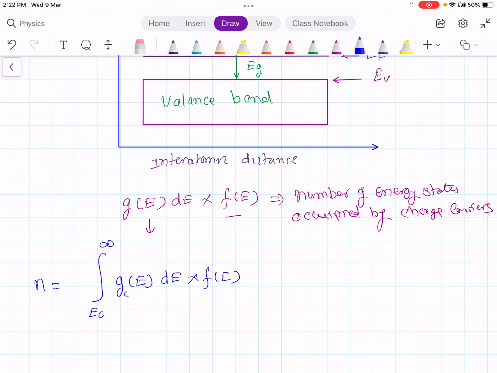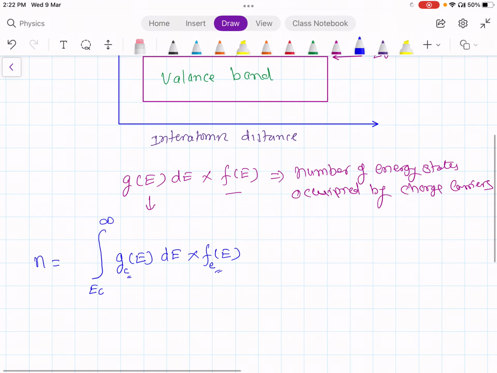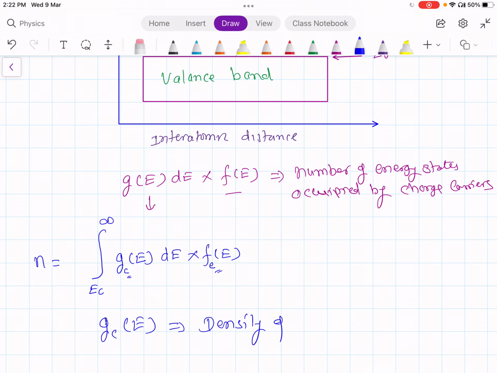So instead of saying F of E, we will say Fe of E. That small e denotes electrons, and this C denotes the conduction band. So let me write here: this Gc of E is nothing but the density of states in the conduction band.